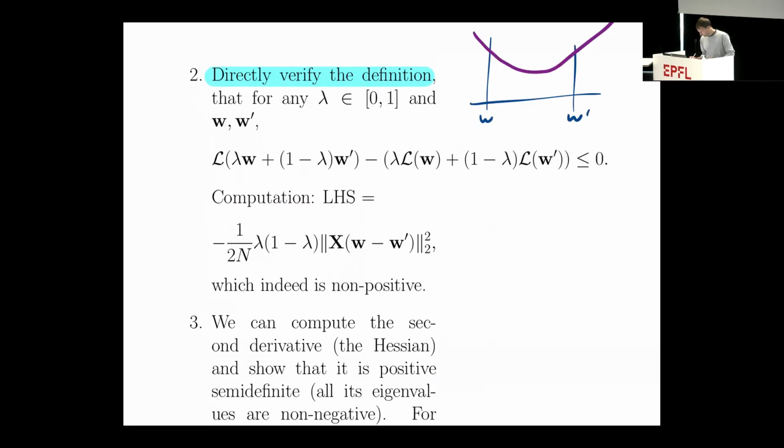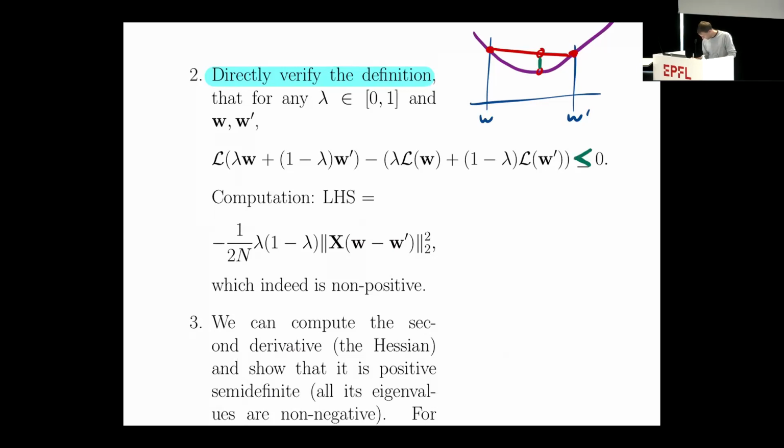So what I need to do is to show that any convex combination of these two function values lies above the purple line here. That's what it means to satisfy this definition, right? Which you all know from last week or from earlier courses you had.